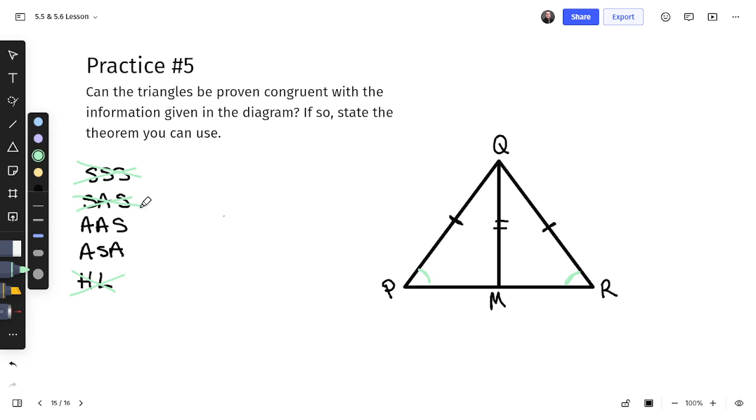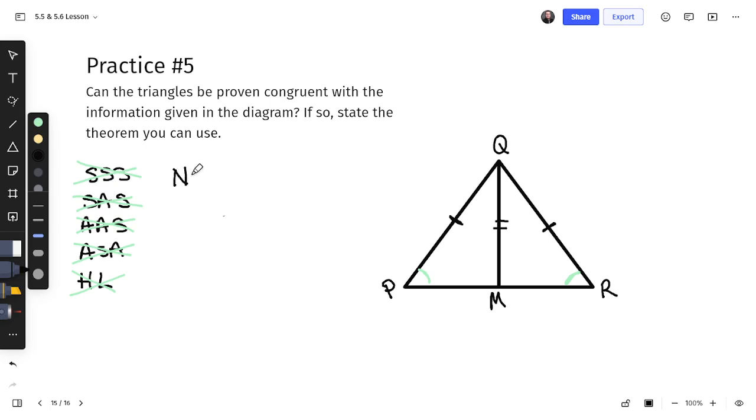We only know that one pair of angles is congruent, so we can't use angle, angle, side. So our last hope is angle, side, angle. And again, there are two angles required for angle, side, angle. We only know one pair of angles. So we have exhausted all of the possibilities that we know to prove that these two triangles are congruent.